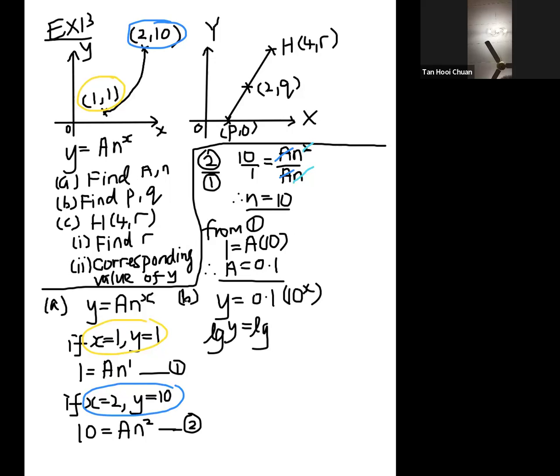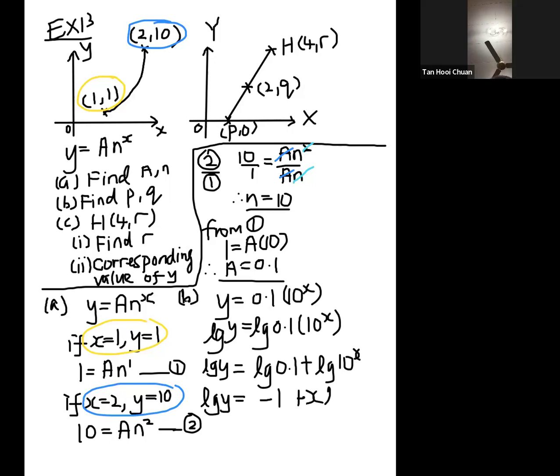Log y equal to log 0.1 times 10 power x. Log 0.1 actually is -1. So the x you bring in front. Log 10 later is just 1. So lg y equal to x minus 1.